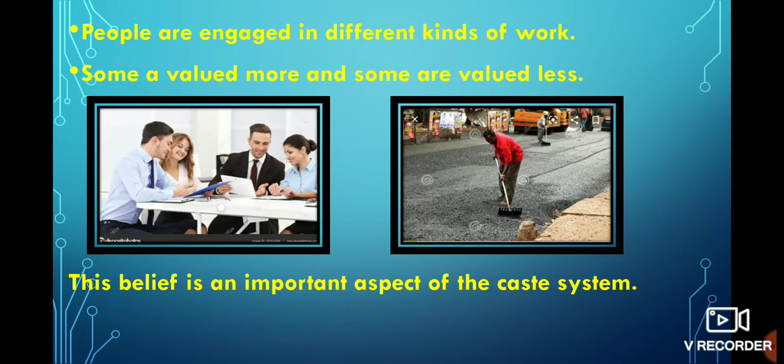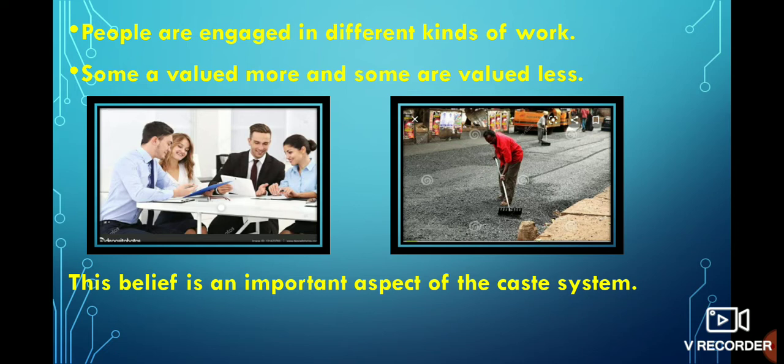Now people are engaged in different kinds of work. Some are valued and some are not valued. See now, some are valued more. People working in posh offices, going to the office in a car, wearing beautiful dresses, working on laptops, so they think that those jobs have more value, whereas people working on roads are striving very hard to meet their ends.